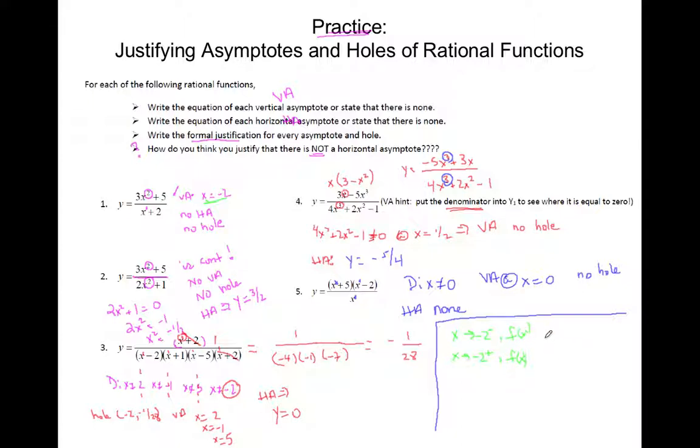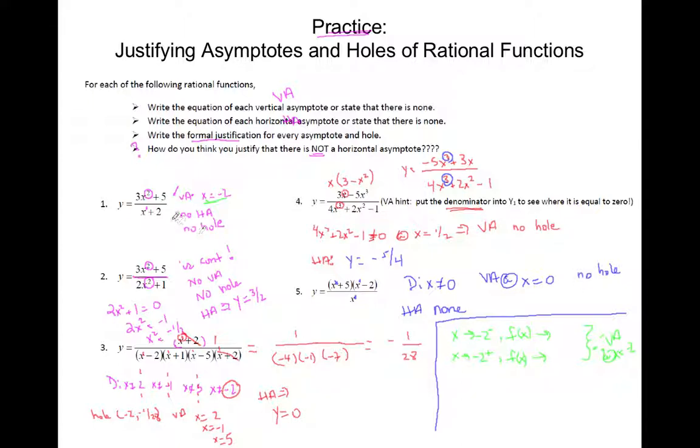Which way does it swoosh? If I'm not sure, just guess. Put positive or negative infinity for one of them and say, therefore, there's a VA at x equals -2. Just guess if you're running out of time.